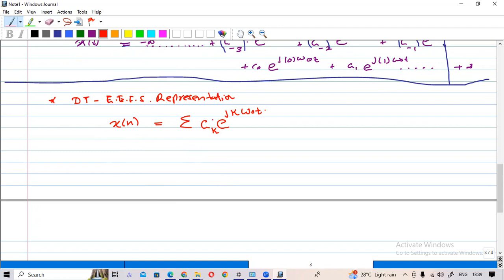The same is there. I have made a mistake when writing this equation. Can anyone identify what mistake I have made? Actually, this is not T. That is the mistake.